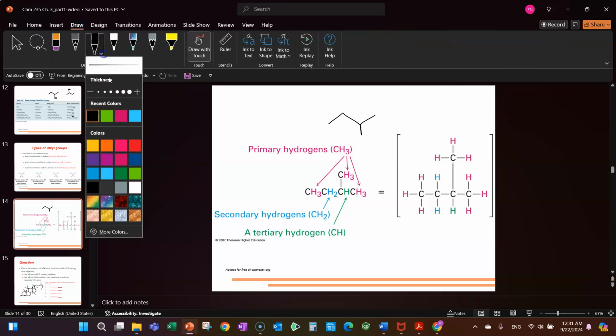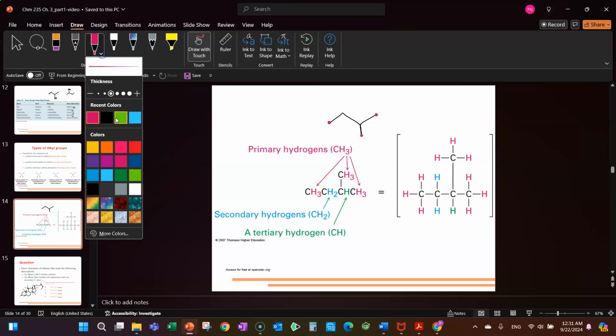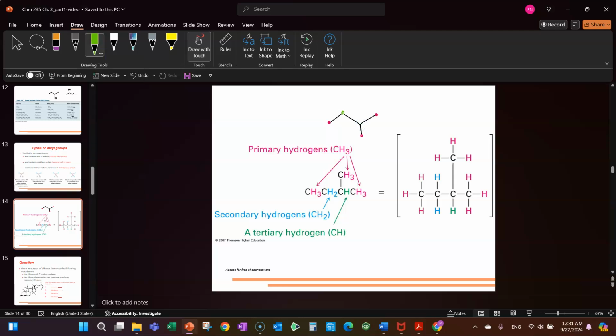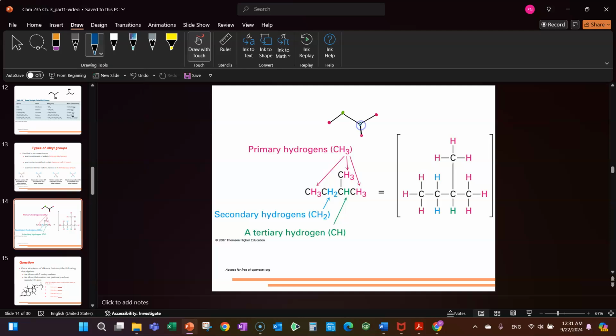I will use red to represent all the primary carbon atoms, green to represent the secondary carbon atoms, and then we have one tertiary carbon atom, which we can color blue, which is this one.